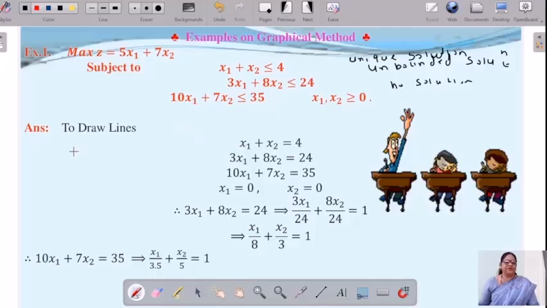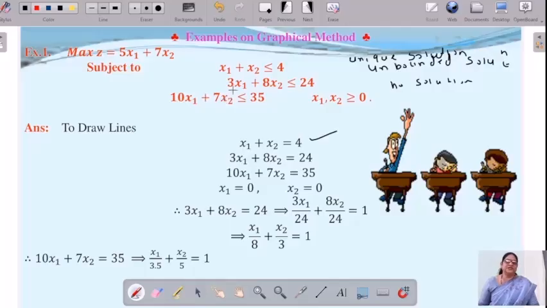Our step number 1 is to consider all constraints as equalities. Therefore, we have the constraint x1 plus x2 less than or equal to 4, and we write it as x1 plus x2 equal to 4. Don't use slack or surplus variables while converting the inequality into equality in the graphical method.